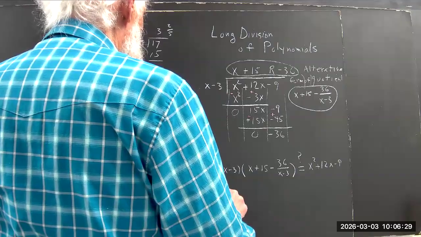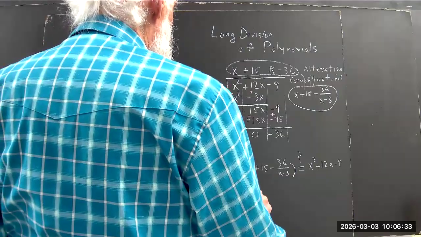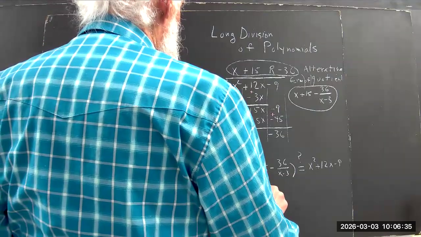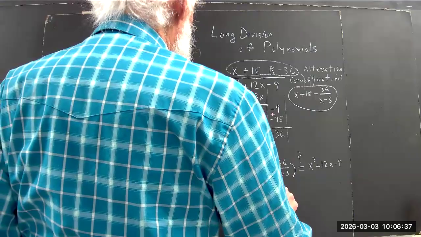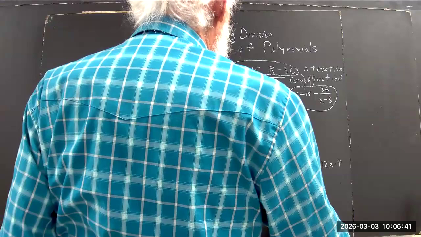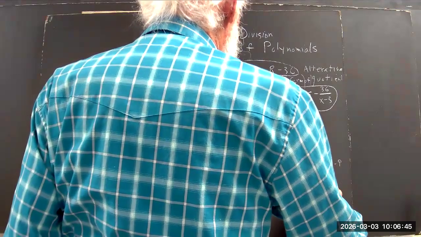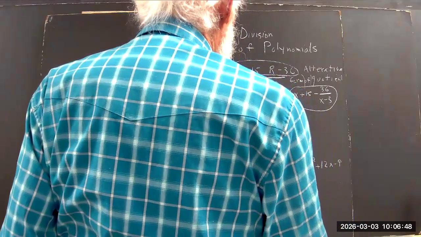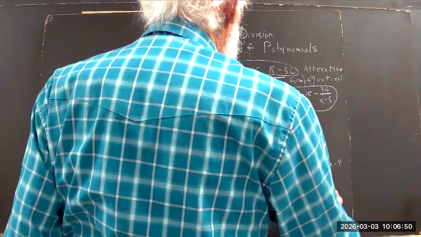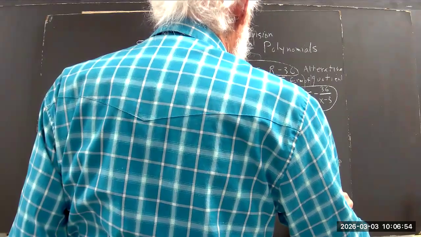I'm going to take the x minus 3 times x plus x minus 3 times 15 minus x minus 3 times 36 over x minus 3.